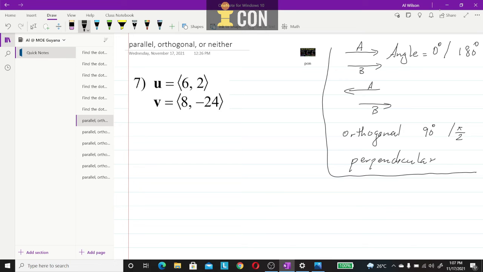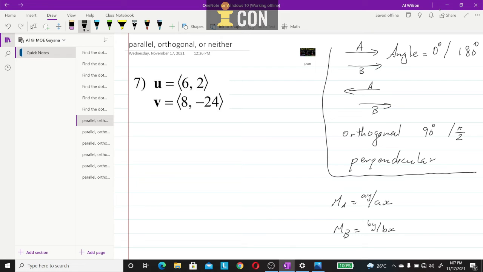What we're actually looking at is the slope. So we have the magnitude of A, which is AY over AX, and the magnitude of B is going to be BY upon BX.